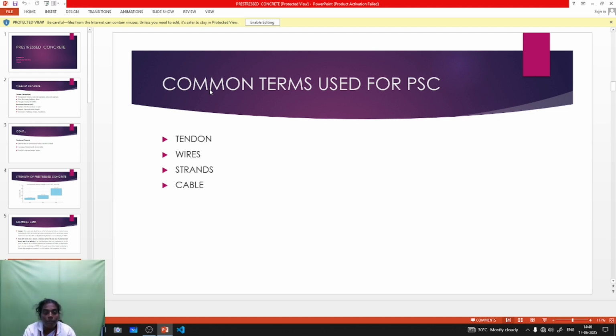First one is tendon. A tendon is a group of wires. What is meant by wire? A wire is steel; one single steel is a wire. The group of steel is the tendon. The group of tendons is named a cable. This is the comparison of tendon, wire and strand.